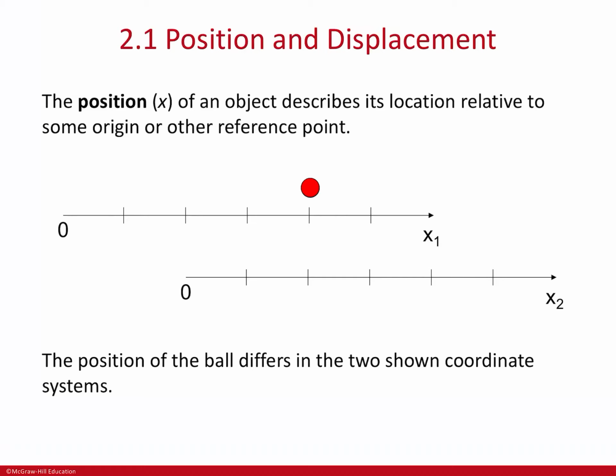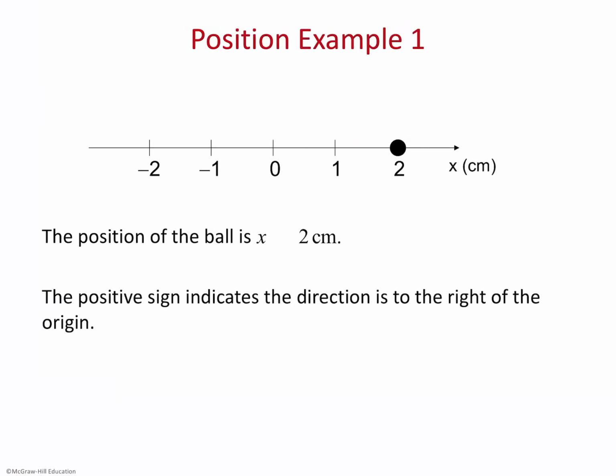The first thing that it was talking about was position, and in order to think of position, we're just on the x-axis right now. So we're just doing horizontal motion, no vertical motion at this point. We can look at the x-axis at an origin or another reference point in order to figure out what the location is.